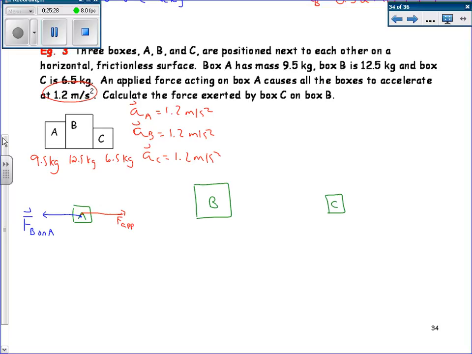B is going to have the force of A on B acting forward on it, and the force of C on B acting back on it, and then C is only going to have the force of B on C.